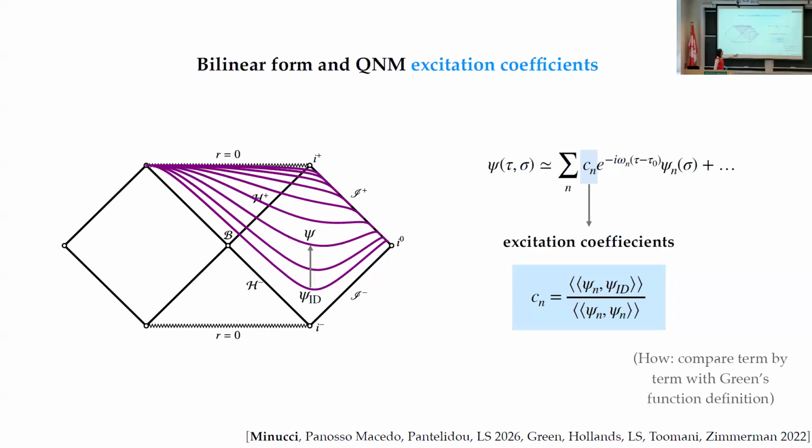So if you have some initial data on your first hyperboloid, you can project it and normalize it using the bilinear form to find these excitation coefficients for the quasi-normal modes at late times. And you can check this explicitly comparing term by term the expression on the right with what you would obtain with the Green's function.